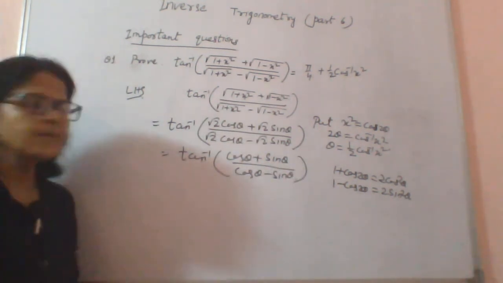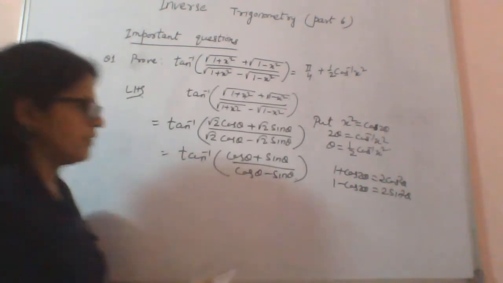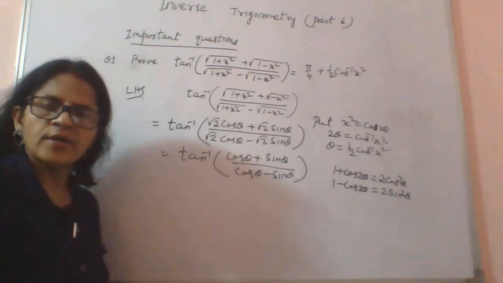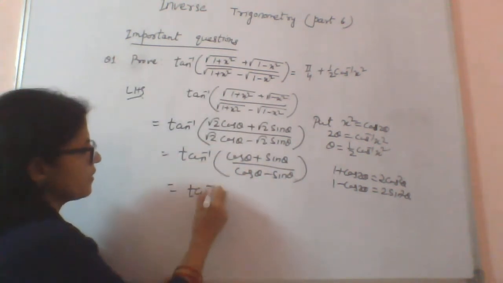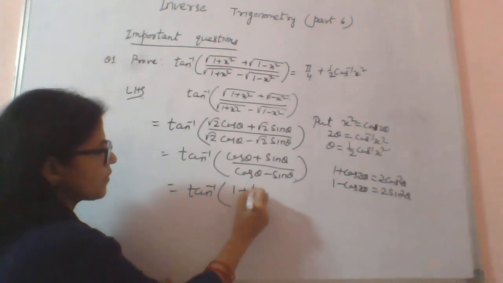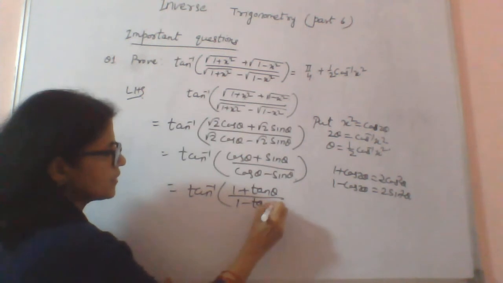Is it clear? We can divide numerator and denominator by cos theta, so we get tan inverse of (1 plus tan theta) by (1 minus tan theta).